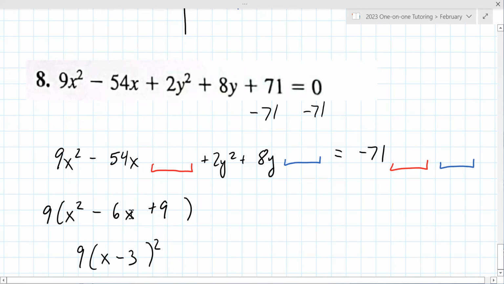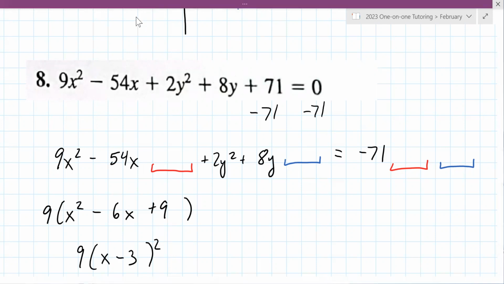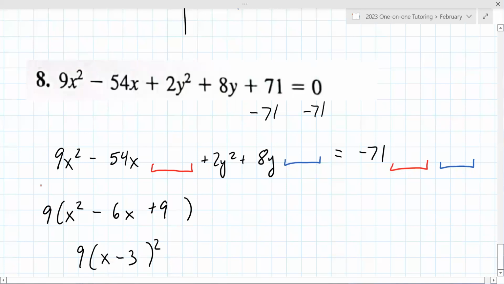And then this is where it's a little bit awkward, because you're multiplying in this 9. 9 times 6x is 54x. 9 times 9, so this is plus 81. I really want you to focus on how we went down and then back up. We wrote the 3 as half of 6, squared the 3 to get 9, and then we multiplied by 9 to get the 81.